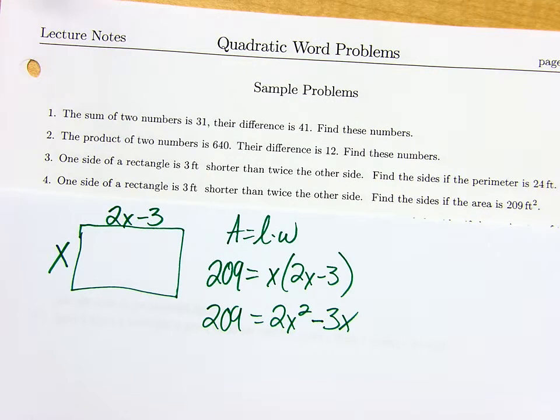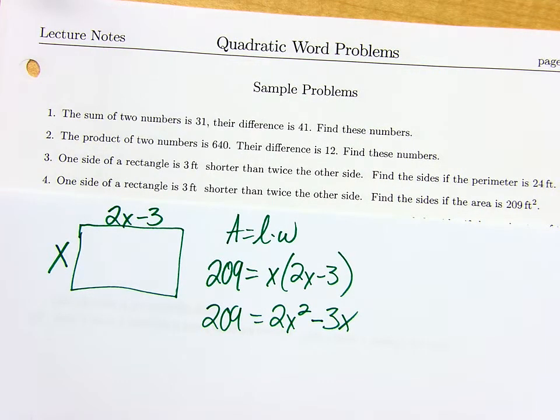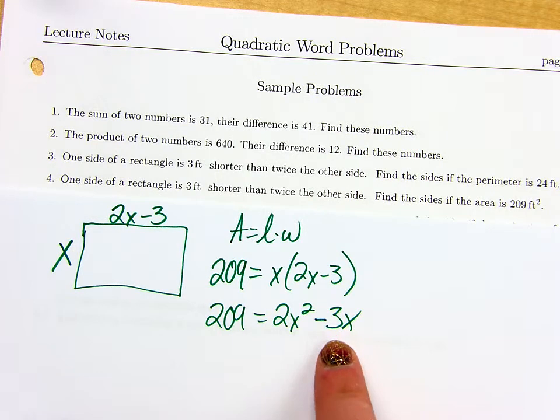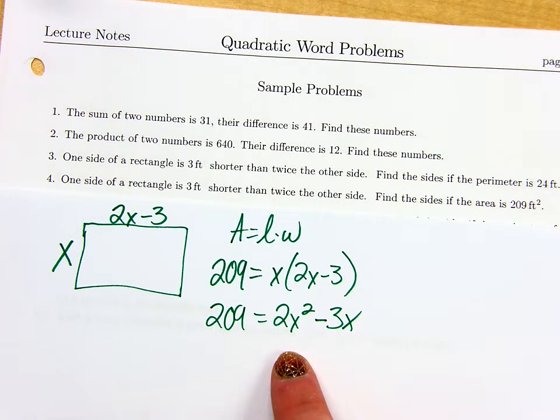Well, okay, so I have a quadratic, right? Because I have something being squared. So now I need to solve this quadratic using one of my 4 methods.